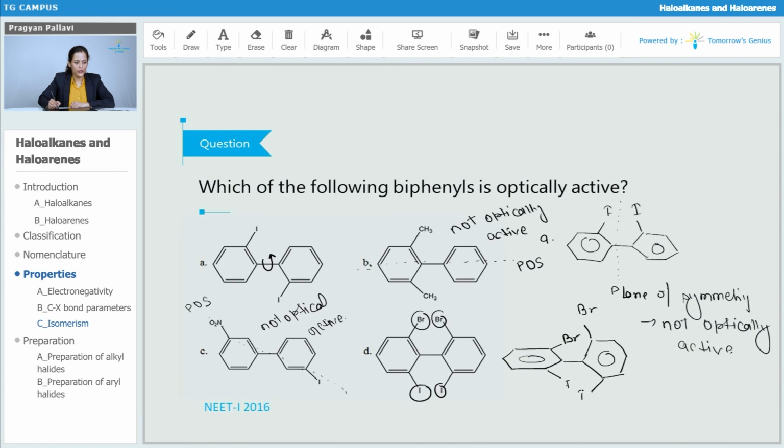So one of the benzene rings is in this plane, however the other benzene ring is in this plane. Now this molecule will not have any plane of symmetry or center of symmetry. As a result, this molecule will be optically active. So this is our answer, option D.